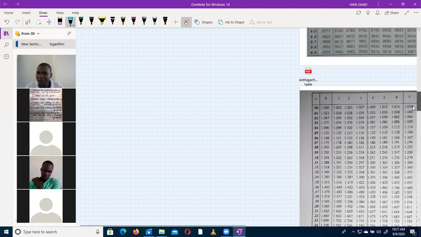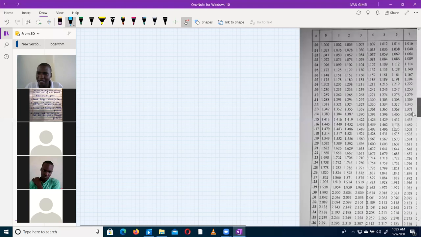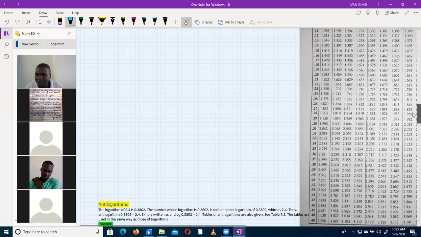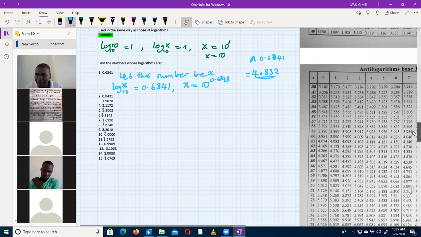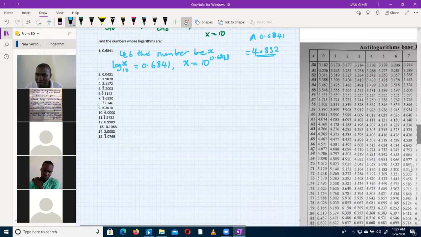I look for where 0.68 is. 0.68 is here. Then what's the next digit? The next digit is 4. I go to where 4 is. This is the 4. They are coinciding at that point.